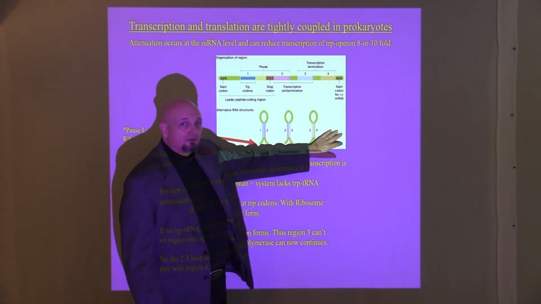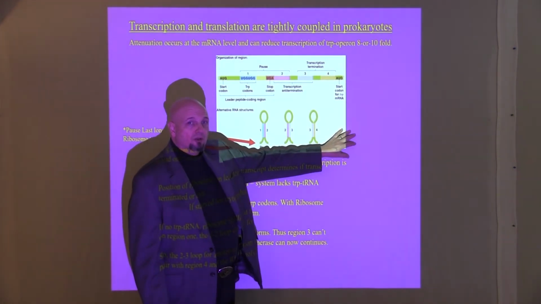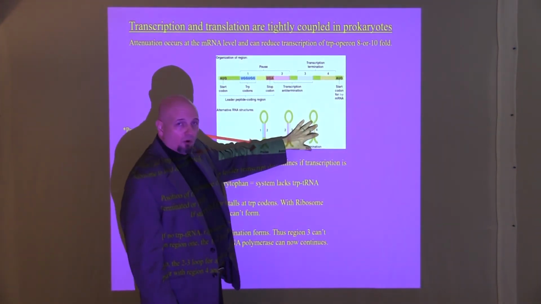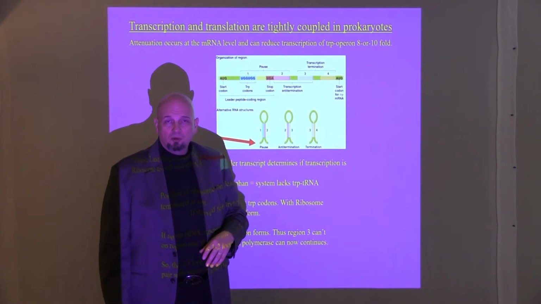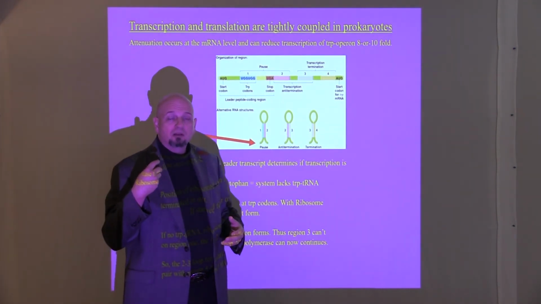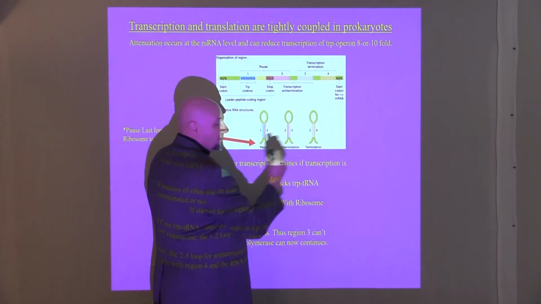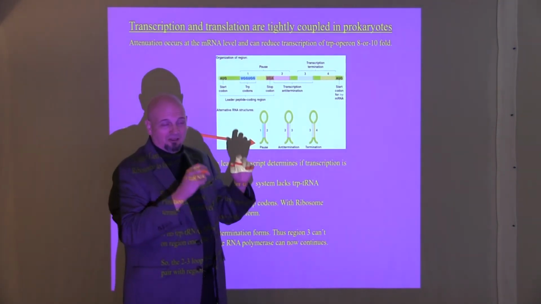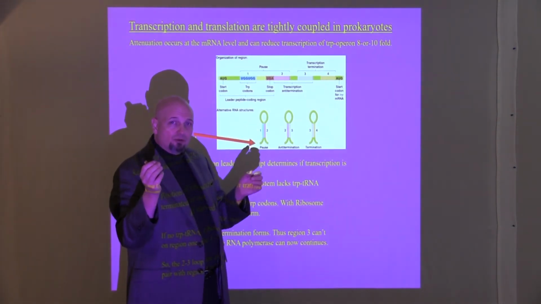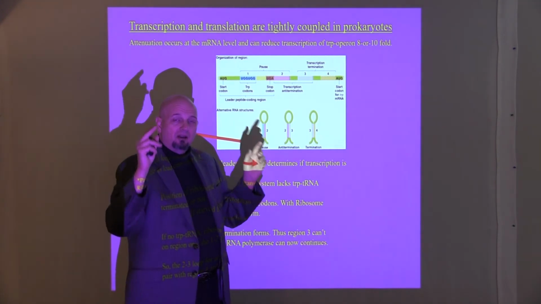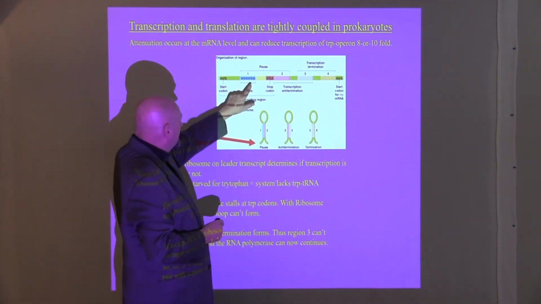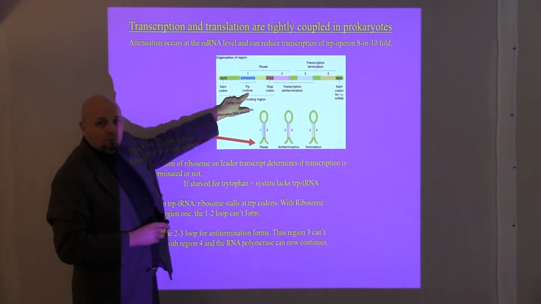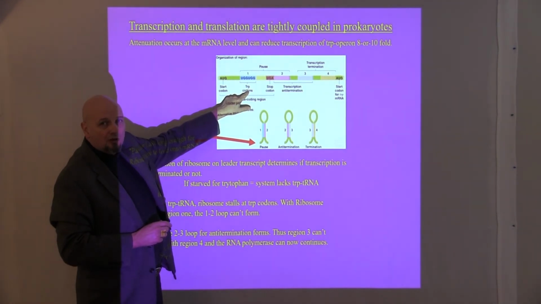That's close enough to the RNA polymerase that if this forms, it will actually cause the RNA polymerase to pop off of the gene, and we'll get a short transcript. That's enough of a three-dimensional structure to cause it to come off, and now we have a short transcript, all because we had some tryptophan charged transfer RNAs over here.